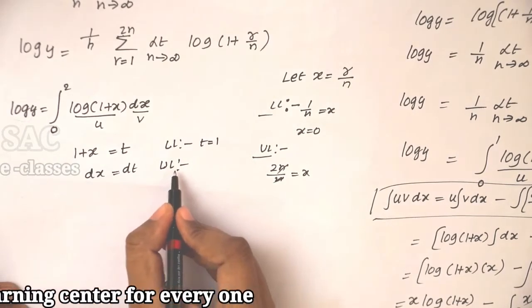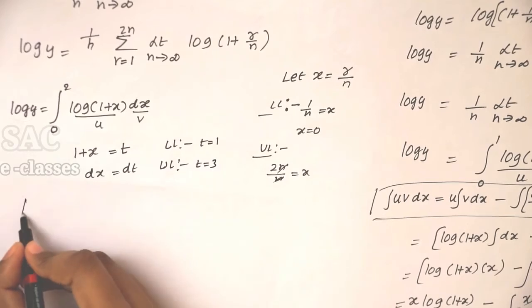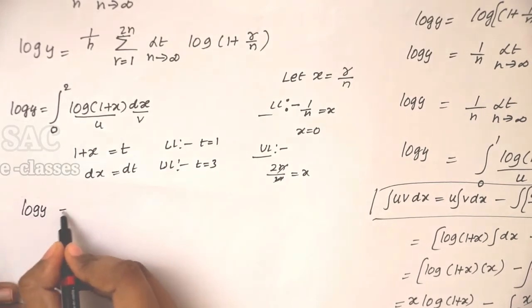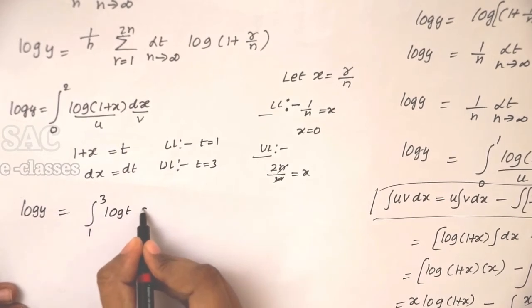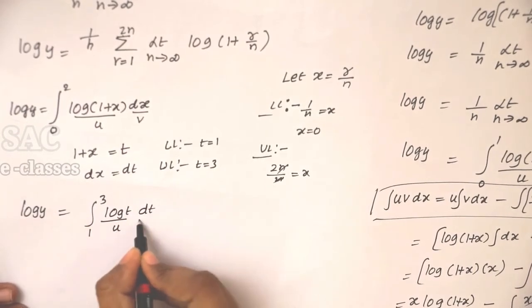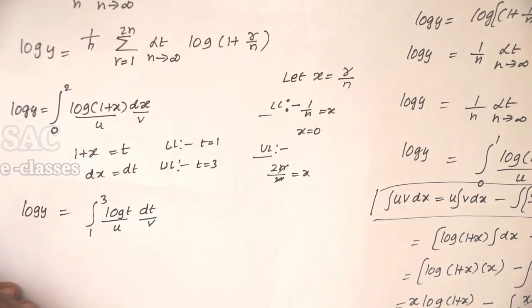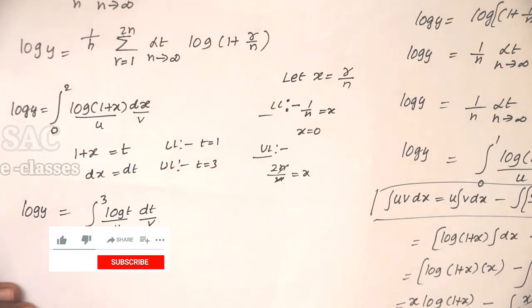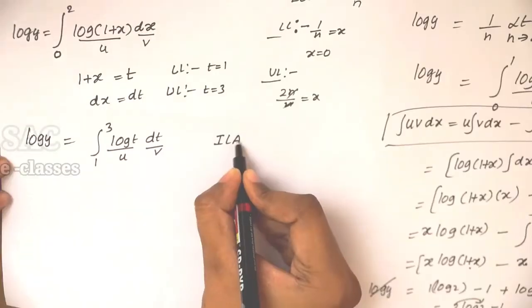If x is 2 then t will be 3. Now log y is equal to integration 1 to 3 log t dt. Now use the uv form. Previously we did it with the help of only x, but now I am converting it in terms of t. Whichever way you do it, you will get the same answer.